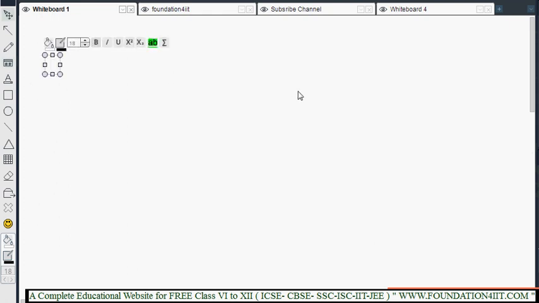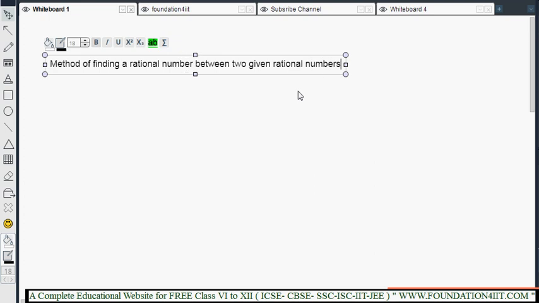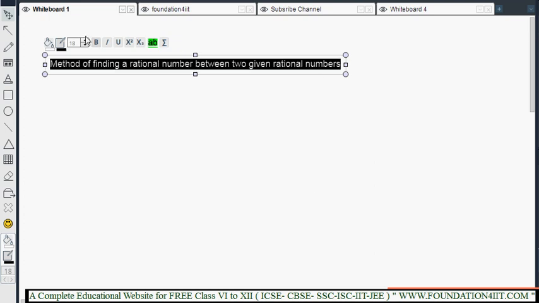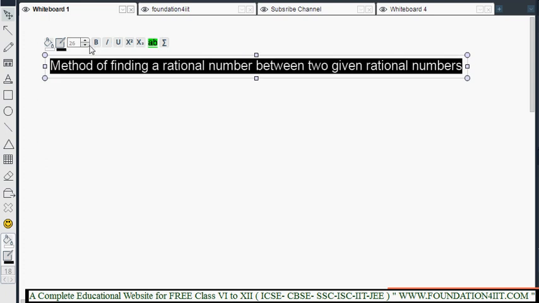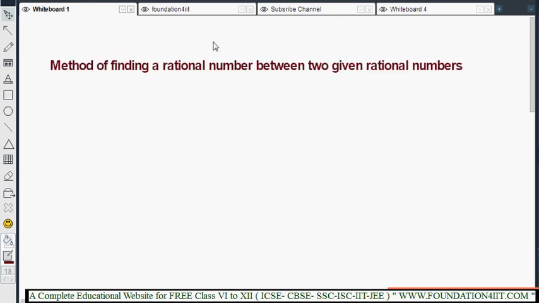Now this topic: method of finding a rational number between two given rational numbers.